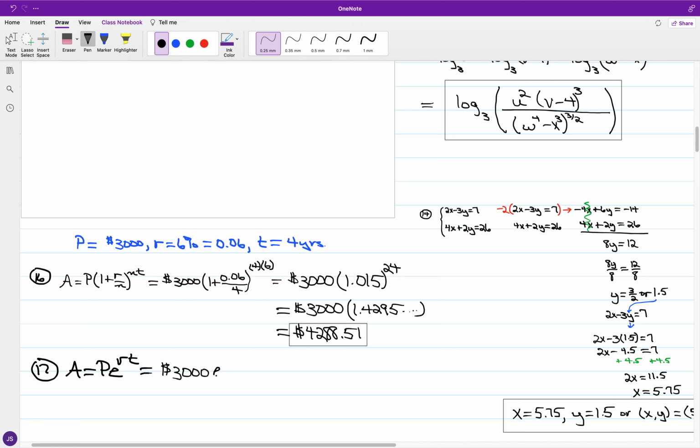For e to the RT, r is 0.06 and T is 6. And if your calculator does not read the order of operations, we multiply R and T together. So you have $3,000 times e to the 0.36, and e to the 0.36 is going to be just over 1.43.